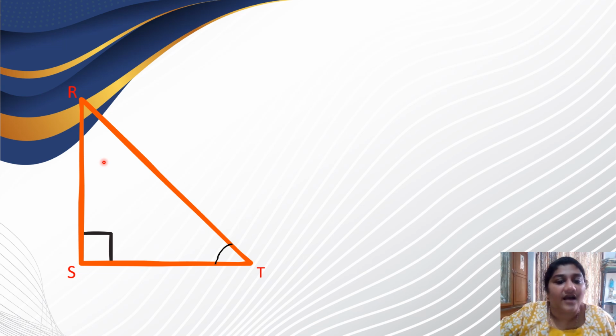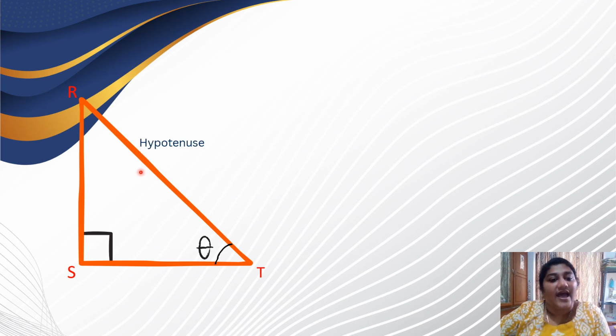So now consider a right angled triangle RST. Right angled triangle means the largest angle in that triangle is 90 degrees, and we all know that the side opposite to 90 degrees is called the hypotenuse, and we can select any one of the acute angles. Now I am selecting this acute angle, angle T, as theta.